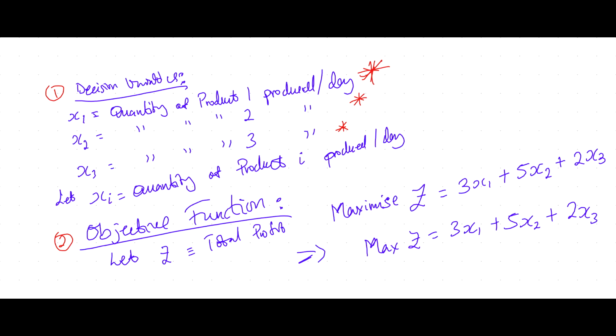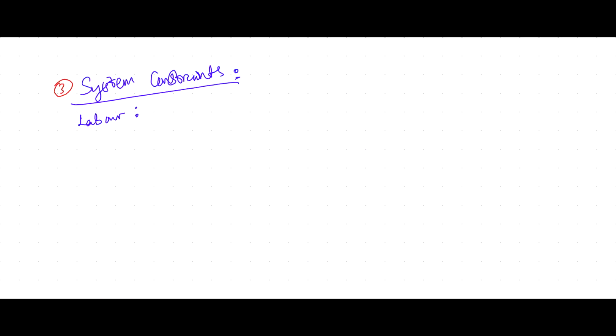So when you are also defining the constraints, we have to also bring it on the same level of measurements, right, which is per day. And therefore, this is what we'll do.